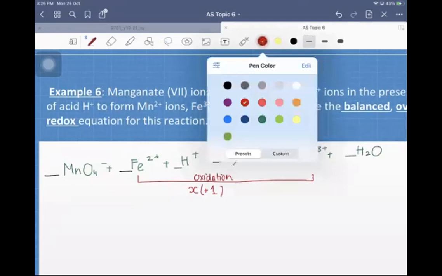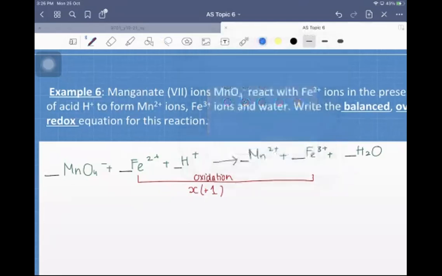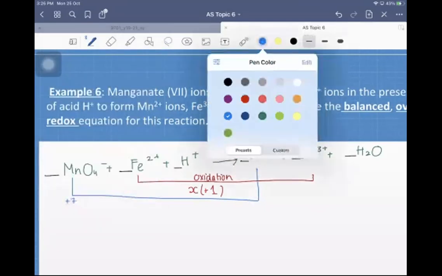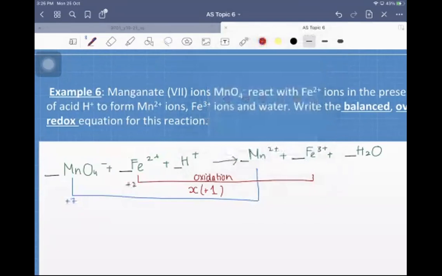The other possible half reaction would be the decrease. Well, it has to be a reduction, right? You cannot have an oxidation with another oxidation in a reaction. So manganese, here it's +7. Oh, I should have written that down. Let me just write that down. It's +2 here, and then it's +3. That means the oxidation is increased by X lots of +1.